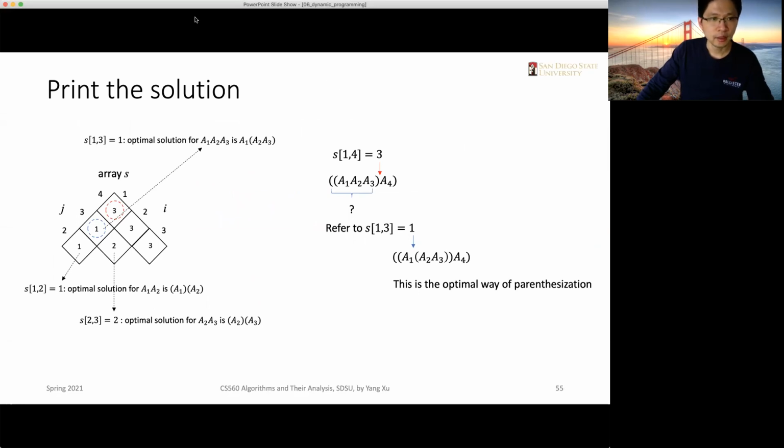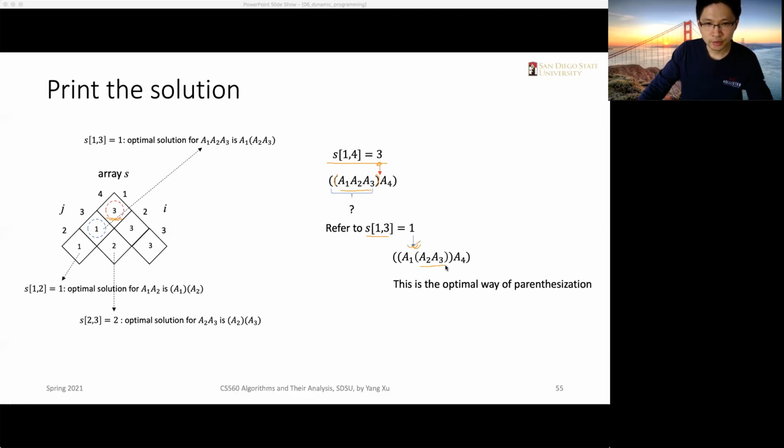Like S14, if we look at the top element, S14, the value is 3. It indicates that we need to place a parenthesis here. So what about this place, from A1 to A3, how do we place the parenthesis? We simply need to refer to S13. S13 is 1, which means we need to place the parenthesis here, indicated by this blue arrow.